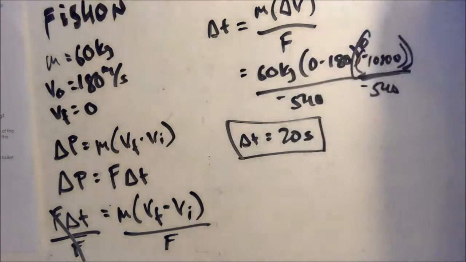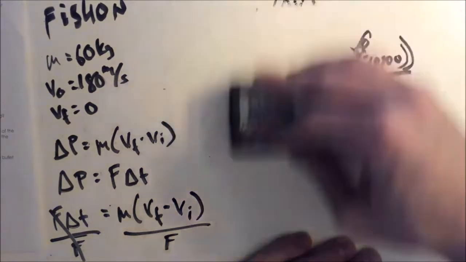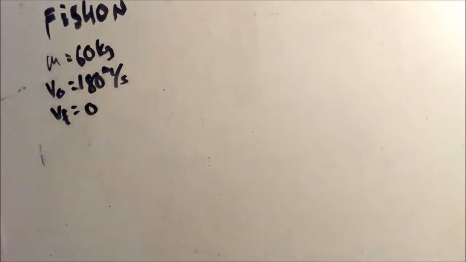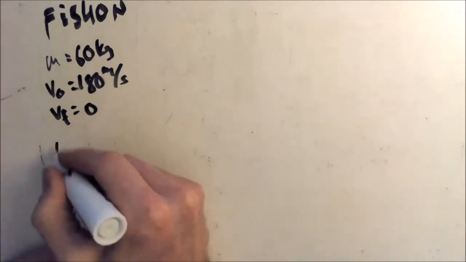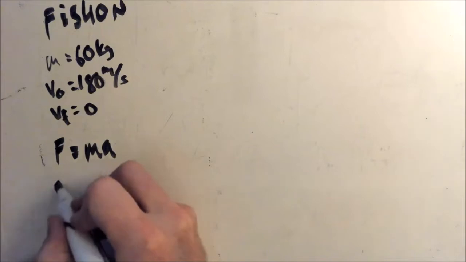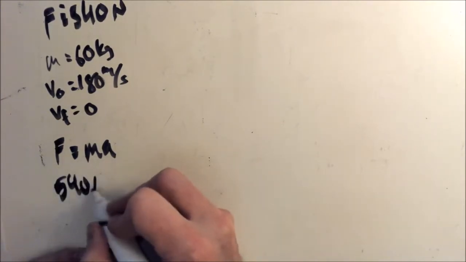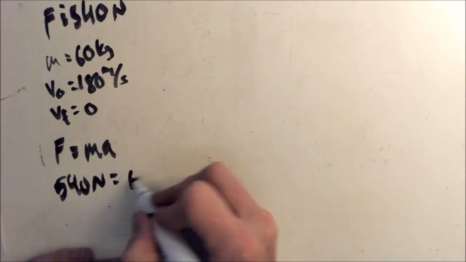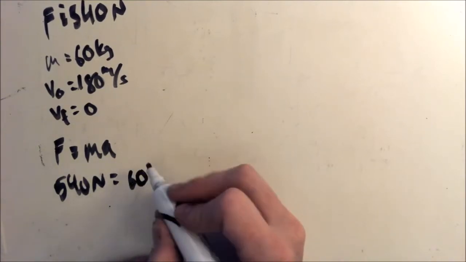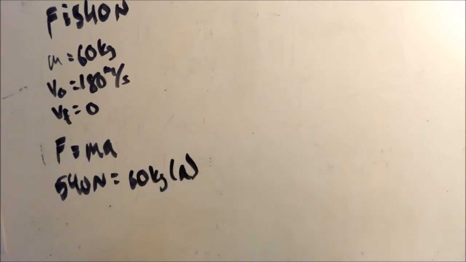But I said I was going to do this two ways, so let's go ahead and see what else we can do. We have a force, we have a mass, and we should remember from the last unit, F equals ma. 540 newtons equals 60 kilograms multiplied by whatever our acceleration is.